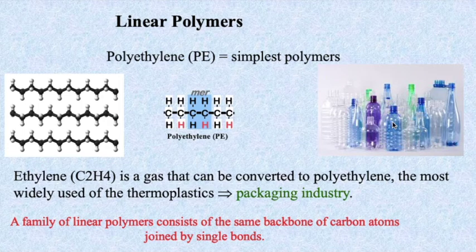So what happens then to get different properties from this basic structure? We have hydrogens highlighted in red, one of them indicating the possibility of attaching a different element there to give different properties. Let's look at that in a bit more detail.